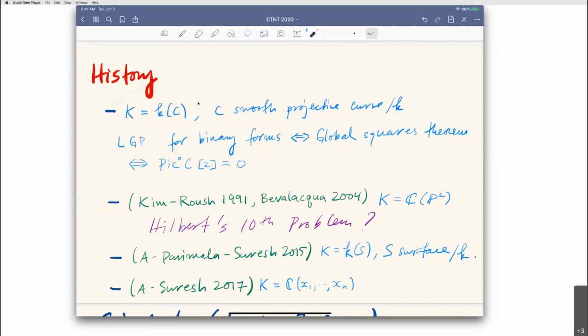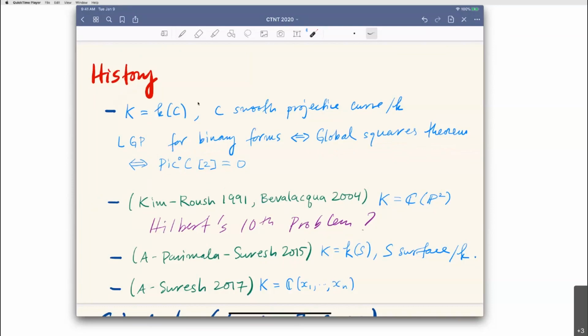But think about being a global square: we're on a function field of a curve, and having a function which is a square everywhere locally but not a square gives you the divisor of such a function. It gives you a 2-torsion element in the Picard group of the curve. So it's an element of Pic^0(C), which is 2-torsion.